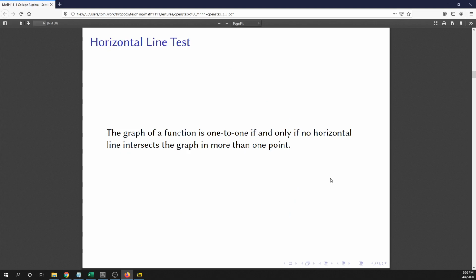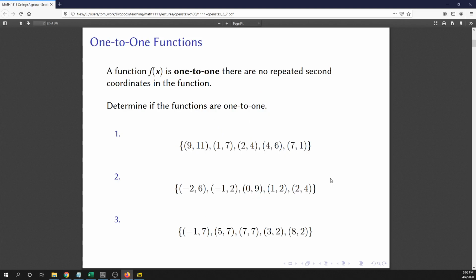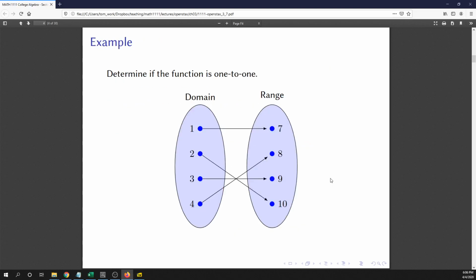The other way that we are going to look at one-to-one functions is with the horizontal line test. This one applies the most to the type of functions that we will be looking at, the most important ones. These ways of representing functions with tables or ordered pairs or with diagrams are useful for understanding the concept of what a function is and what a one-to-one function is.